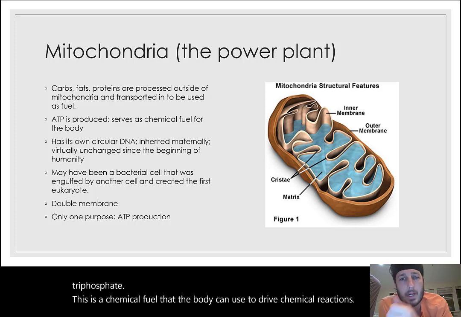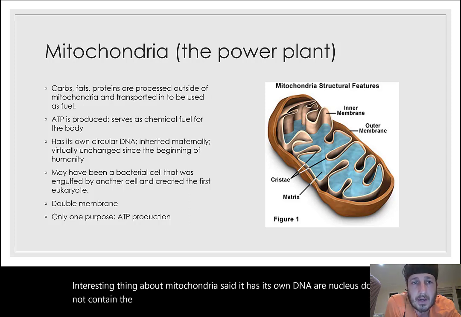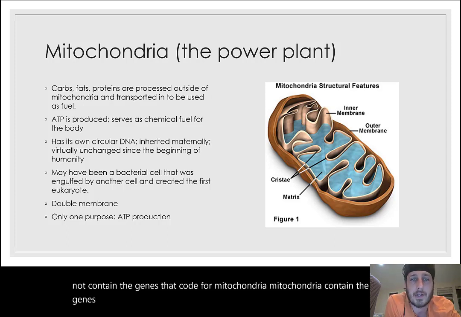The interesting thing about mitochondria is that it has its own DNA. Our nucleus does not contain the genes that code for mitochondria. Mitochondria contain the genes that code for mitochondria.